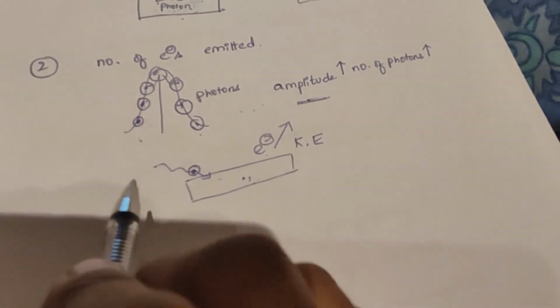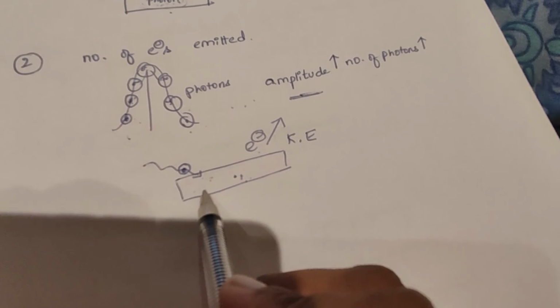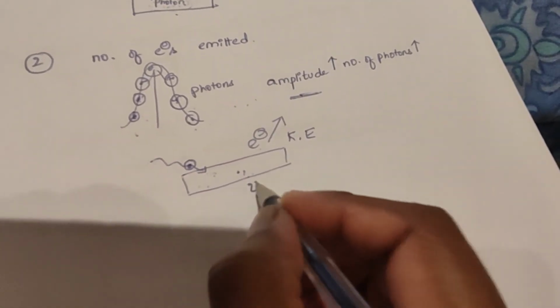So earlier we said that each metal will have a certain fixed frequency called threshold frequency.